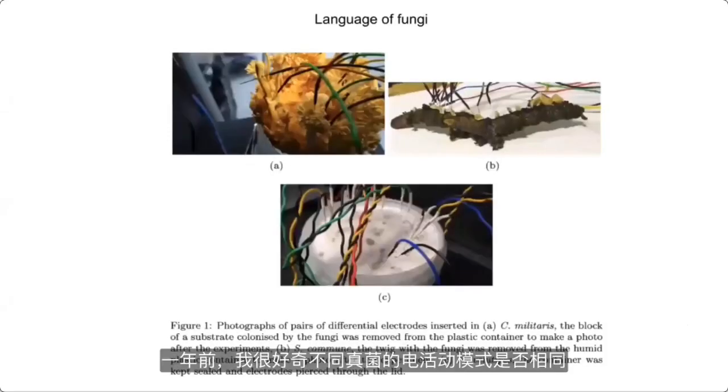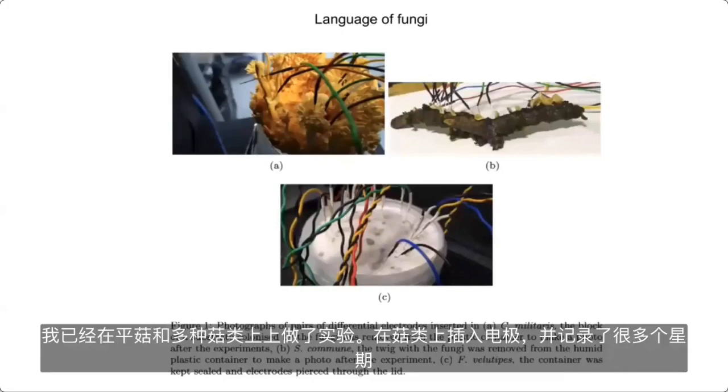A year ago, I was curious if patterns of electrical activity of different fungi are the same. So I already had experiments on Ganoderma and oyster mushrooms. I also took Cordyceps militaris, commune mushrooms, and the glowing mushroom at the bottom of this slide, and inserted electrodes and recorded for several weeks.